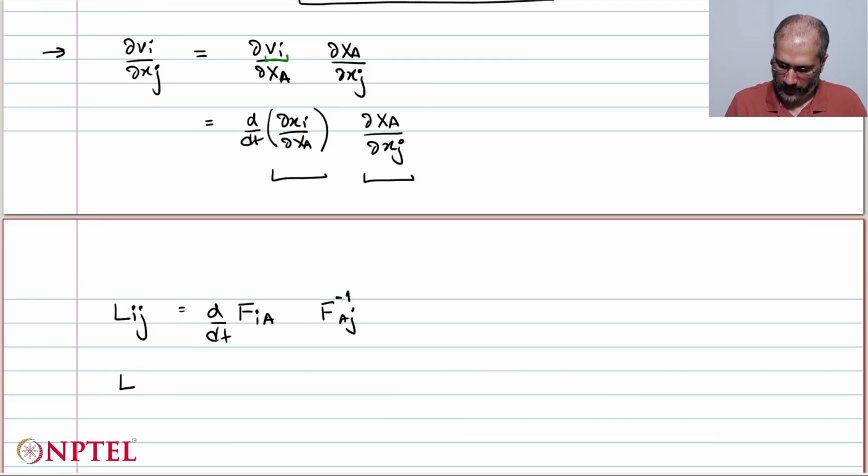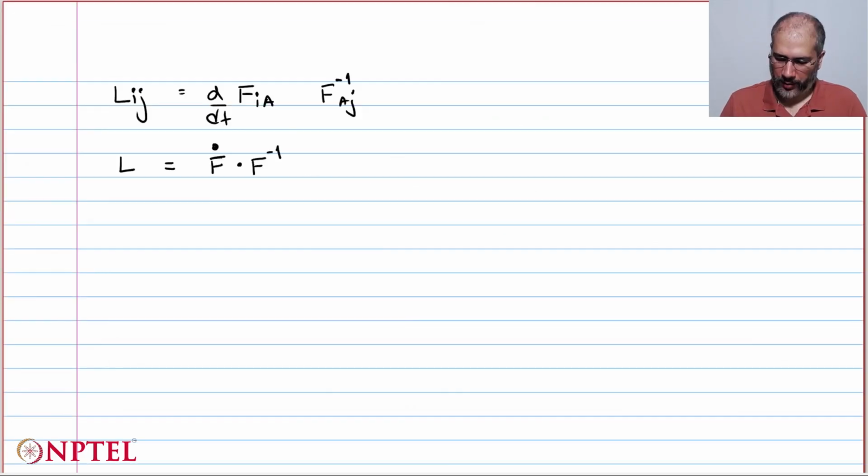So in the symbolic notation, L can be written as F dot, where I use a dot on the top to denote time derivative, times F inverse. So now we can see that we've been able to write the velocity gradient tensor in terms of the time derivative of the deformation gradient tensor.